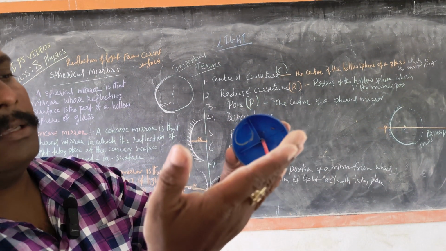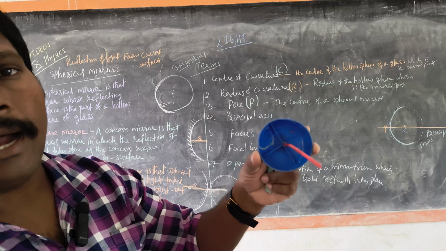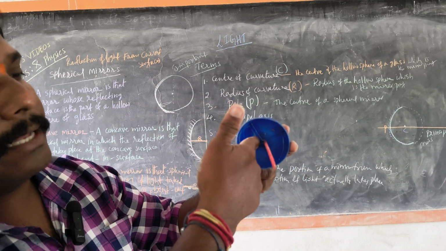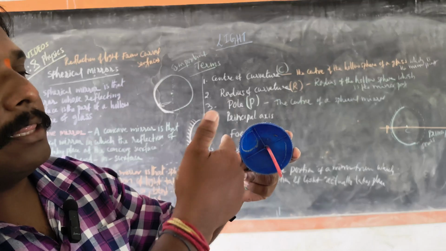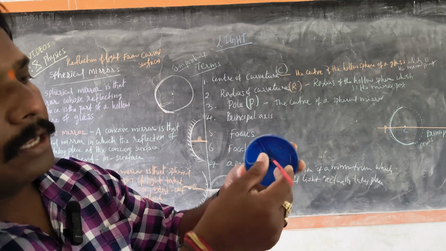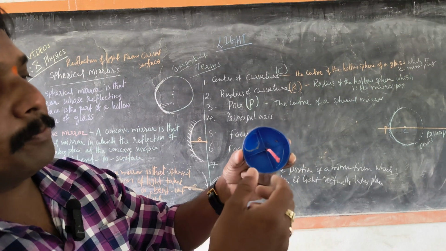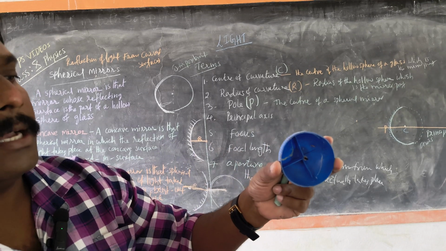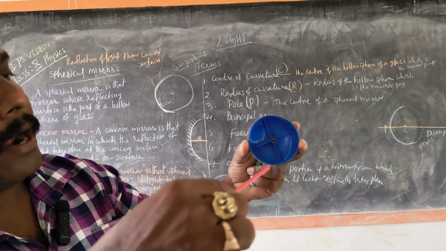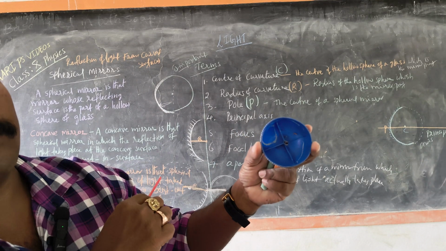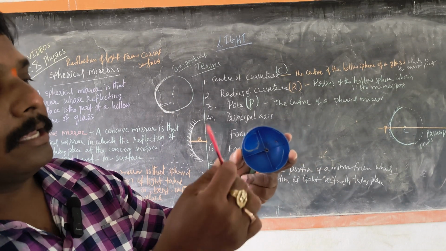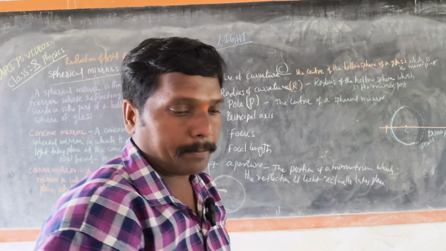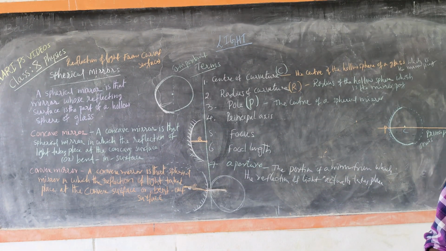This is called the principal axis, which passes through the center of curvature as well as the pole. The straight line passing through the center and the pole of a spherical mirror is called the principal axis.